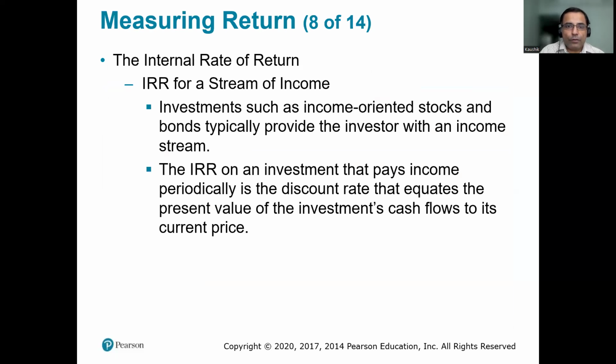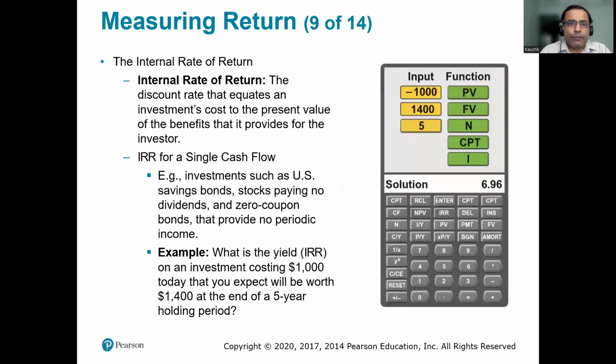The next measure of return is internal rate of return. So in this case, many investments are found to provide frequent income to the investor. So internal rate of return or IRR is a discount rate which makes the present value of cash inflows equal to the current price of the investment or the beginning price of the investment.